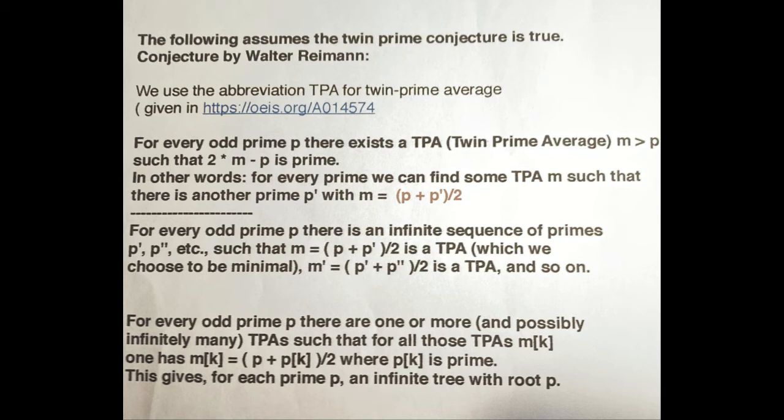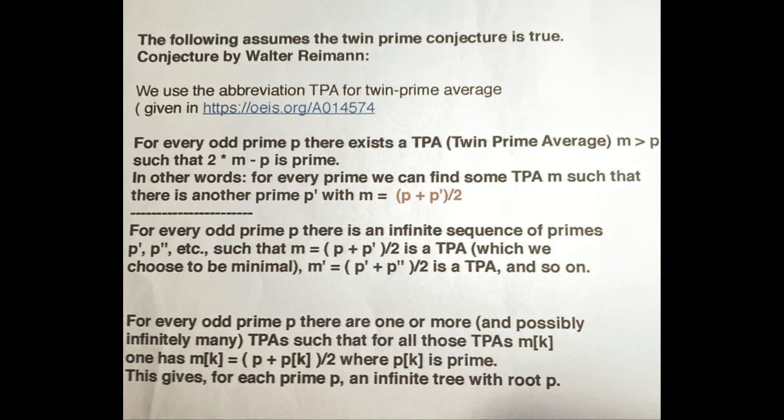For every odd prime P, there exists a TPA M bigger than P, such that 2M minus P is prime. In other words, for every prime we can find some TPA M such that there is another prime P1 with M equals (P plus P1) divided by 2.